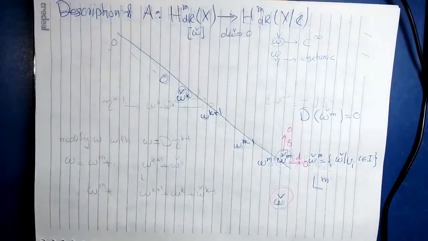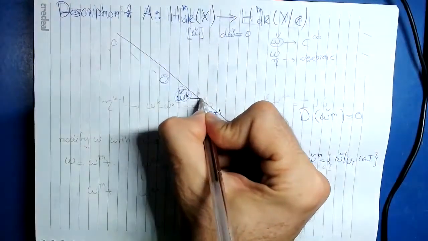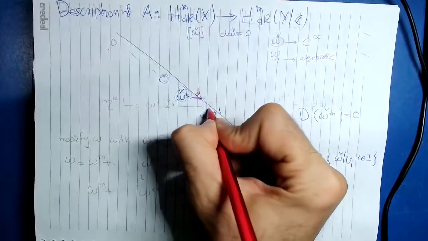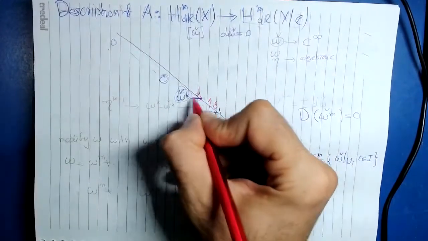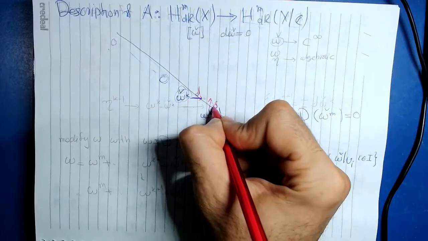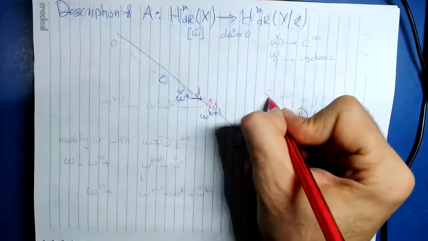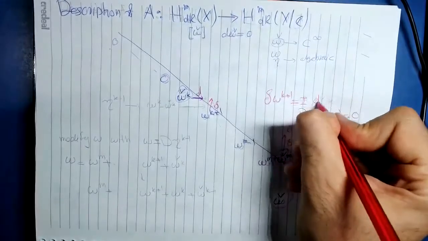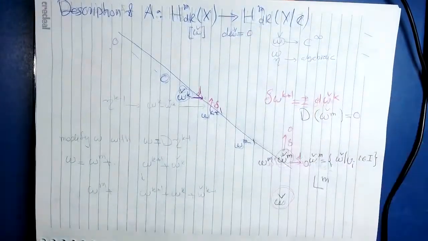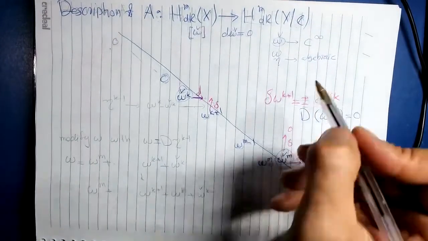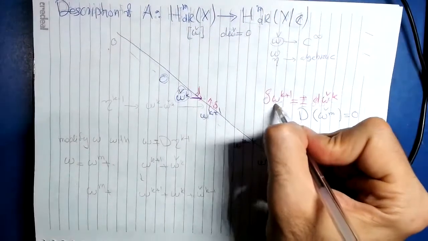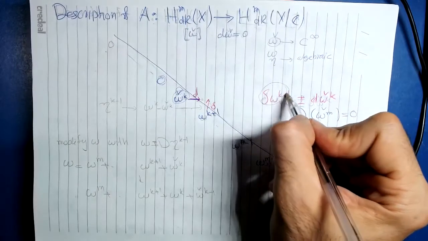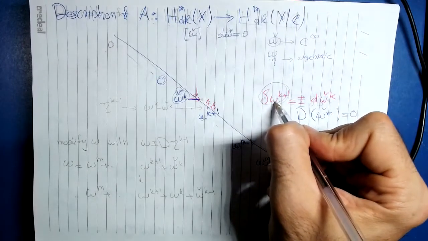So let's start. We know that d of this one is delta of this one up to sign. So delta of omega^{k+1} is equal, up to sign, to d omega check^k. What this means is that this element is exact, but this element is algebraic.